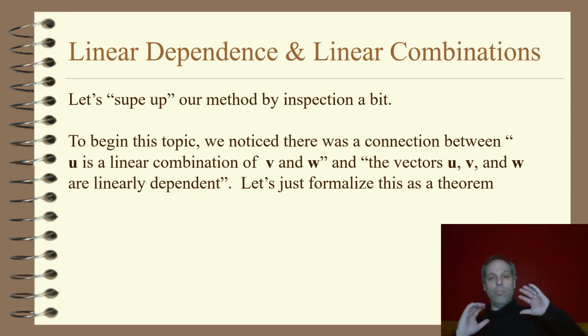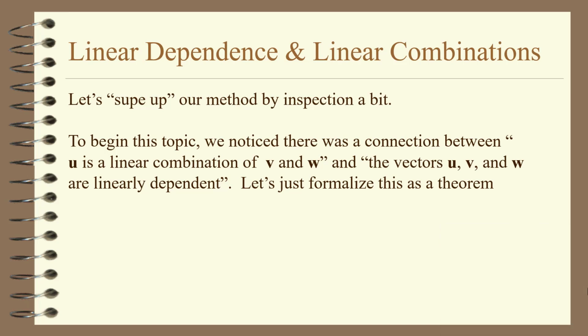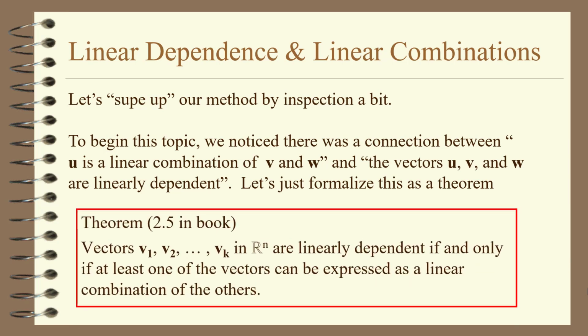Now, let's soup up our method of inspection a little bit. To begin this topic, we notice there's a connection between U being a linear combination of V and W, and the vectors U, V, and W being linearly dependent. I'm just going to formalize that idea. This theorem is called Theorem 2.5 in your book.